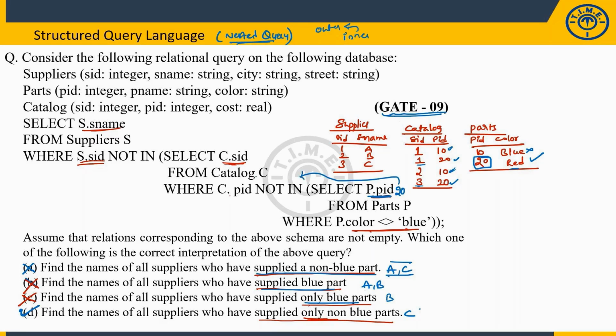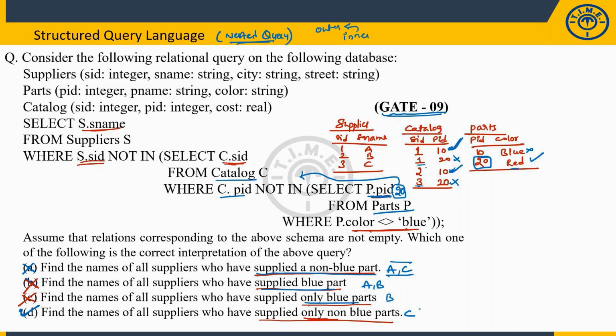Now in the outer query, what is it using? Catalog table. In the catalog table, it is checking part ID not in the list. In the list from the inner query, what output is there? 20. So part ID in the catalog table should not be equal to 20. So should not be equal to 20 means this is correct, this is wrong, this is correct, this is wrong.